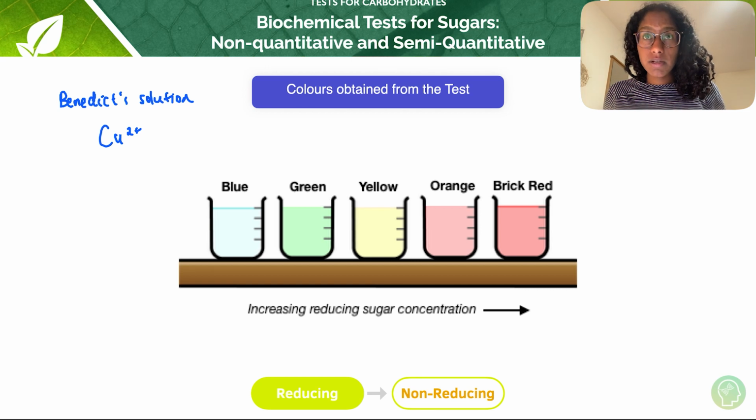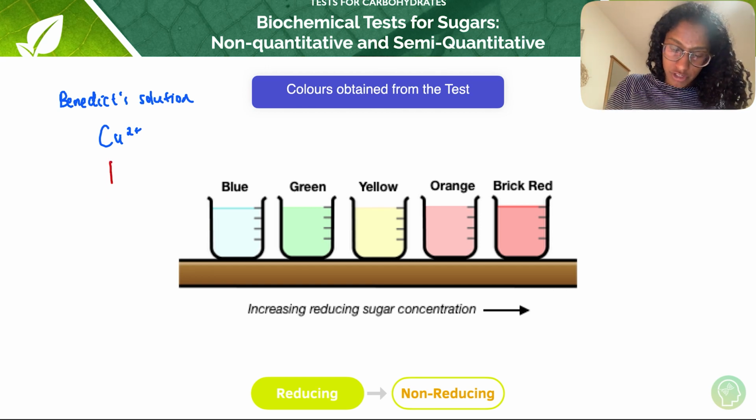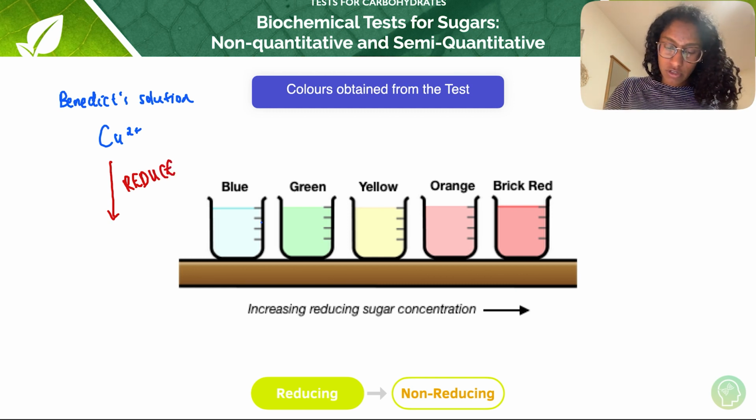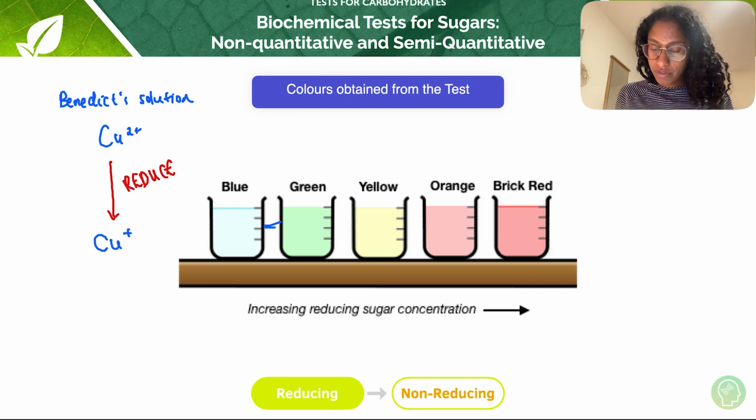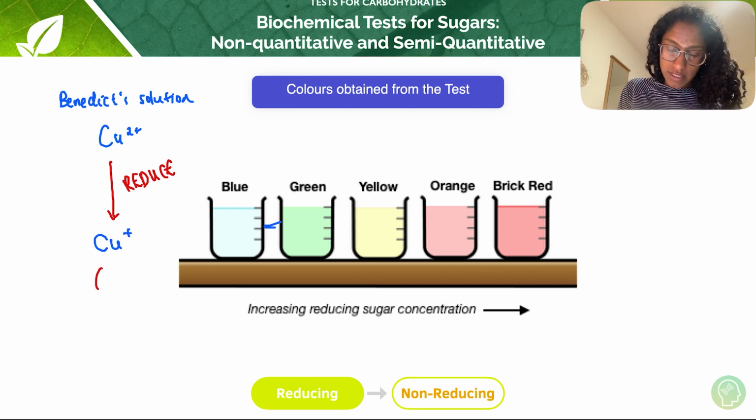Now, copper 2 plus ions are reduced by our reducing sugar, if it's present, to copper 1 plus ions, okay? And our copper 1 plus ions form an orange-red precipitate.